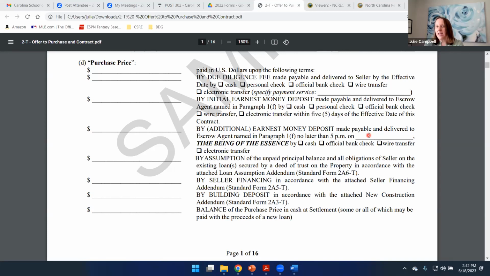There's no right way to do this. It's all in whatever the parties can agree to. So you and I as agents may come up with some creative solutions to help the parties come to the agreement. And one thing we have a little bit of workability with is how this earnest money is going to be delivered to the escrow agent. Remember, all the earnest money is doing is showing the seller the buyer's good faith.